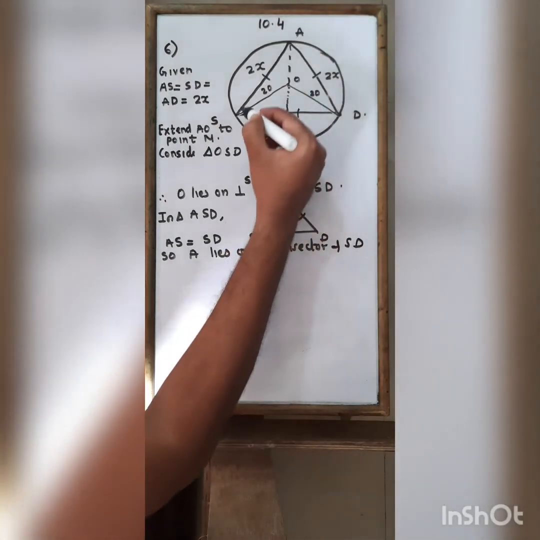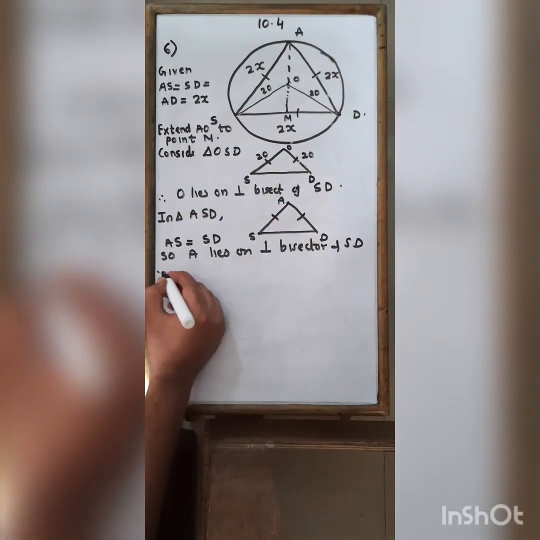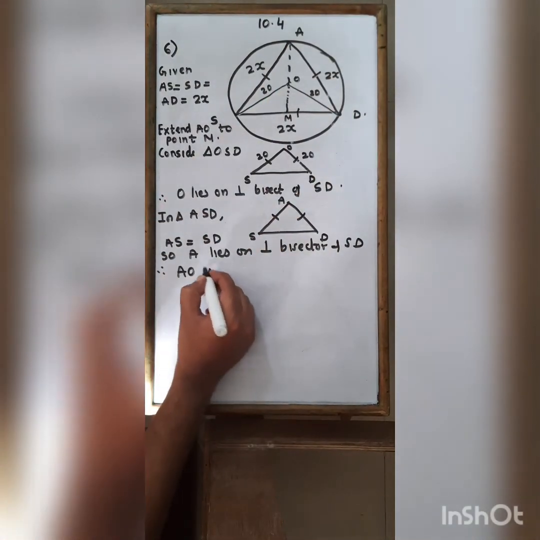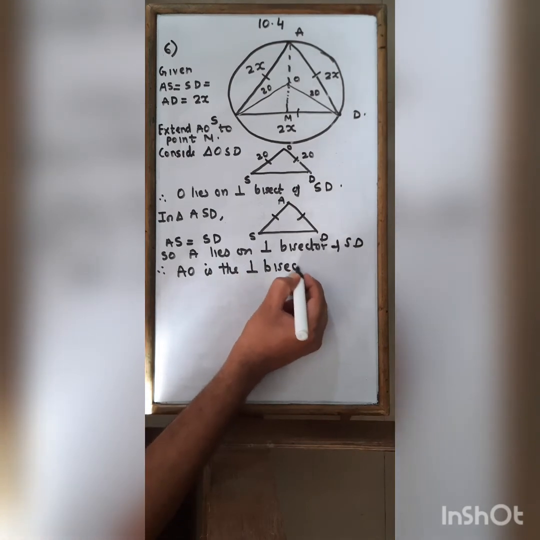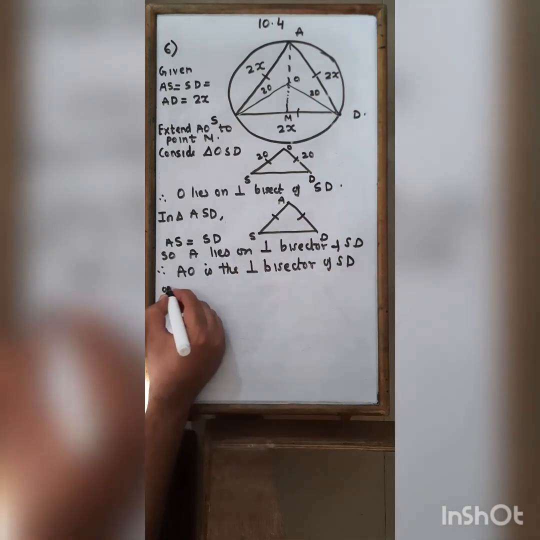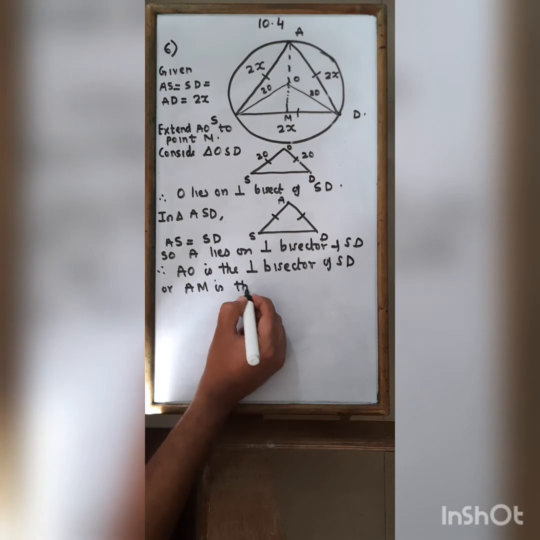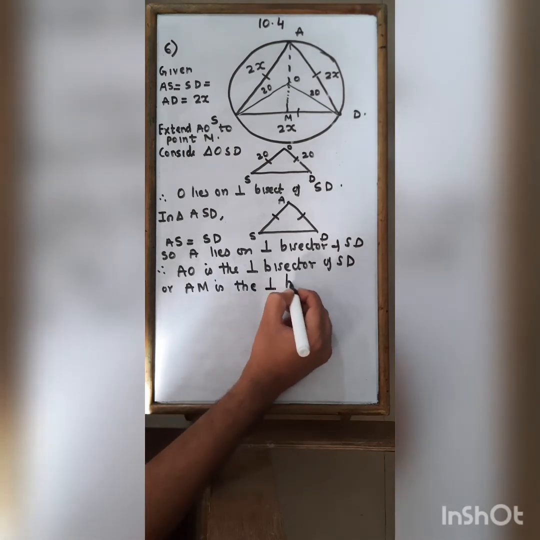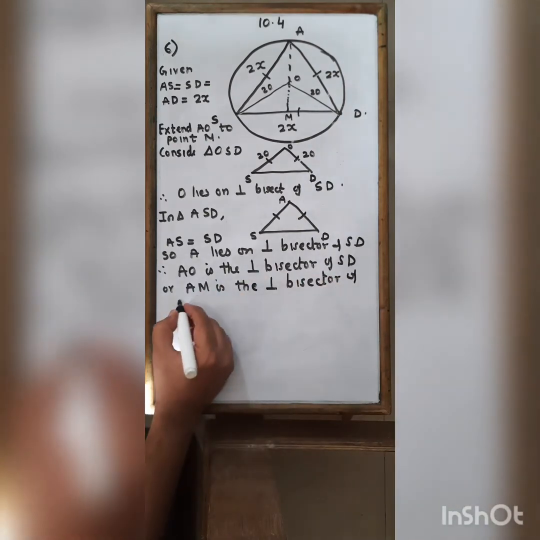Now A is on the perpendicular bisector, O is also on the perpendicular bisector. Therefore AO is the perpendicular bisector of SD, or I can say AM is the perpendicular bisector of SD.